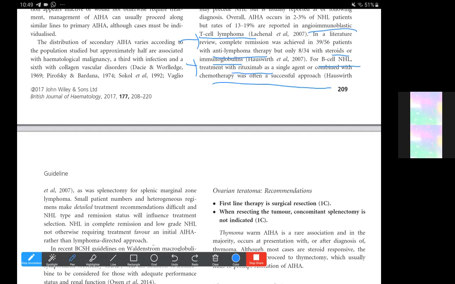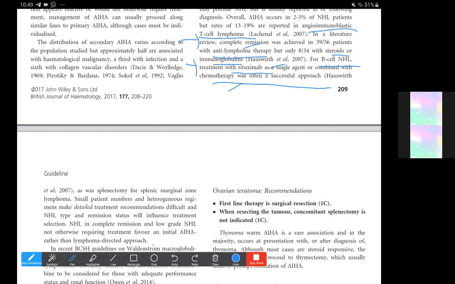So it could be either a single targeted therapy like rituximab or combined with chemo for B-cell NHL. And for angioimmunoblastic T-cell lymphomas, it could be just a specific anti-lymphoma therapy, which would actually cure the autoimmune hemolytic anemia also.